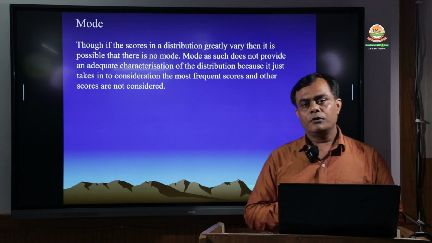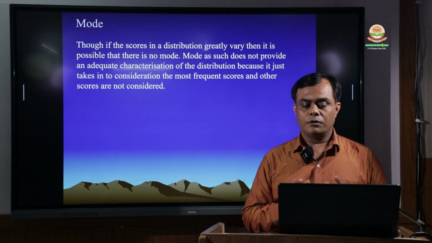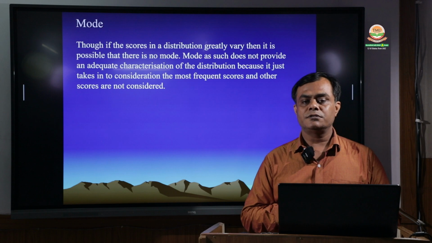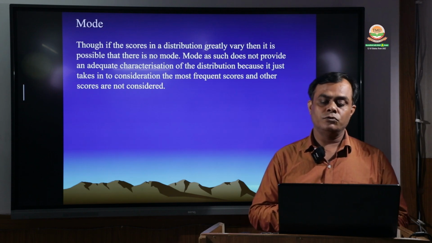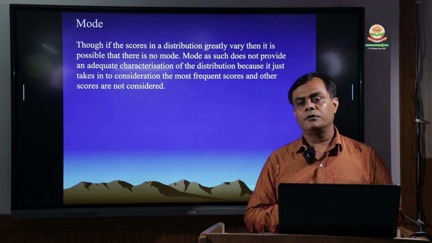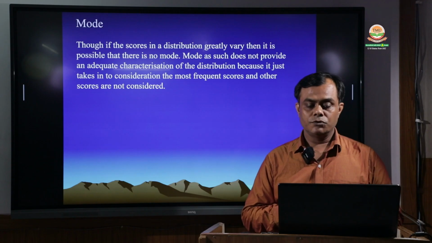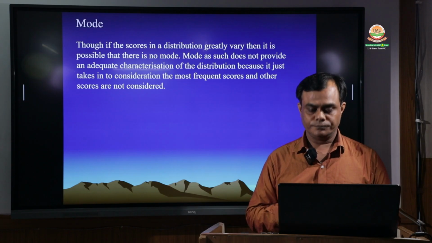So mode gives very different information regarding the data. Sometimes there is no high frequency of one value repeated in the whole score. So mode is very different from the mean or median.